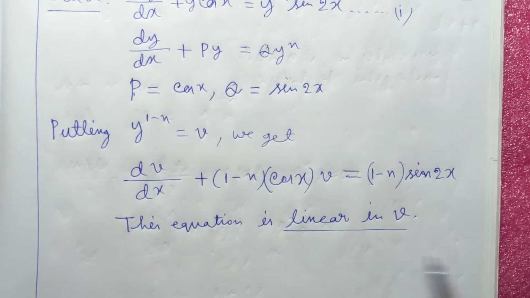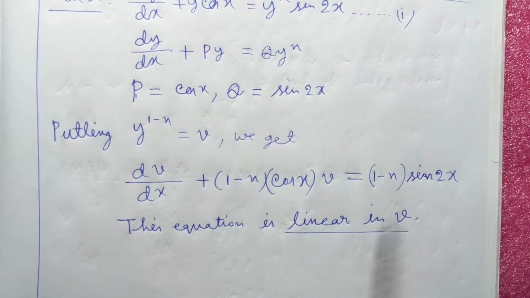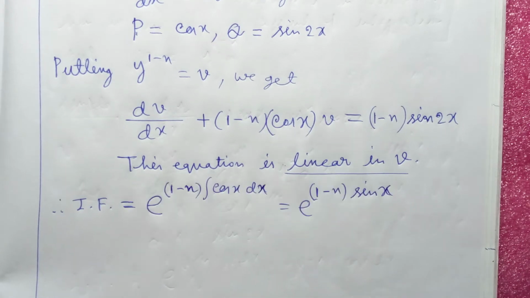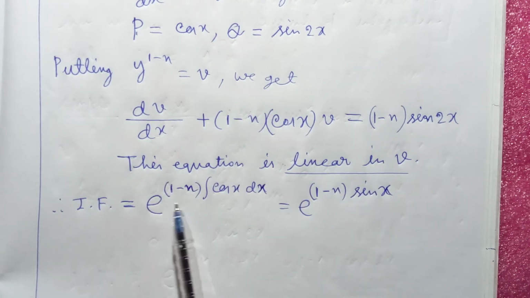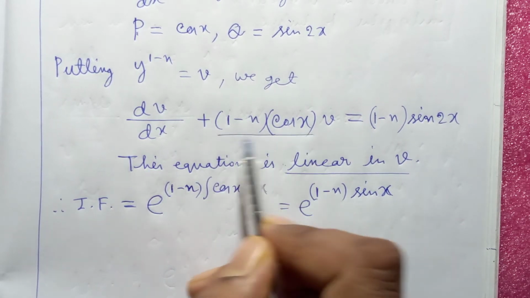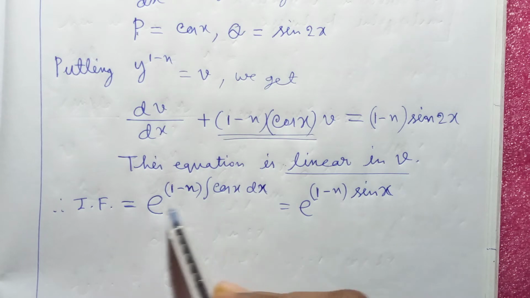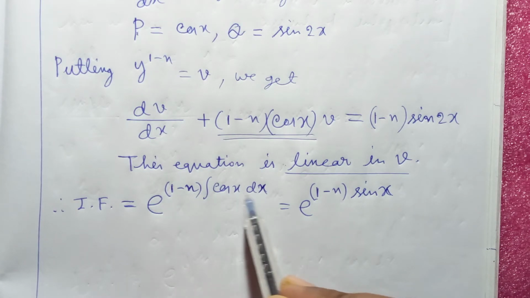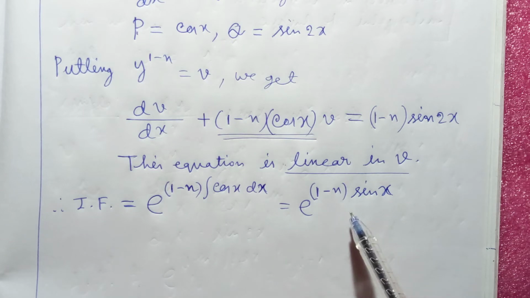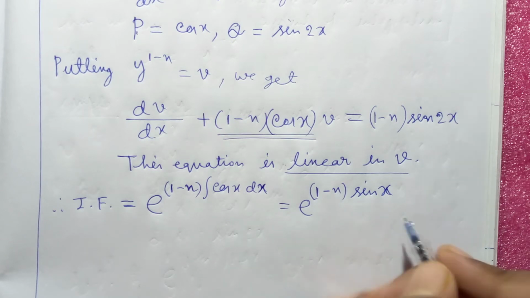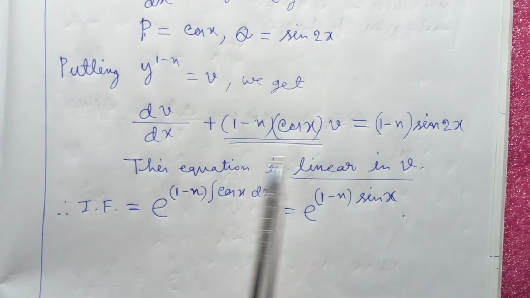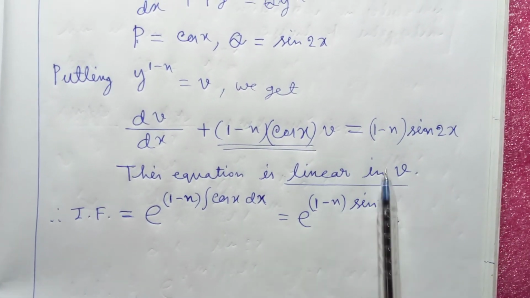This equation is linear in v. Therefore, integrating factor is e to the power 1 minus n integration cos x dx, that is e to the power 1 minus n into sin x. This is the integrating factor of this linear equation, which is linear in v.